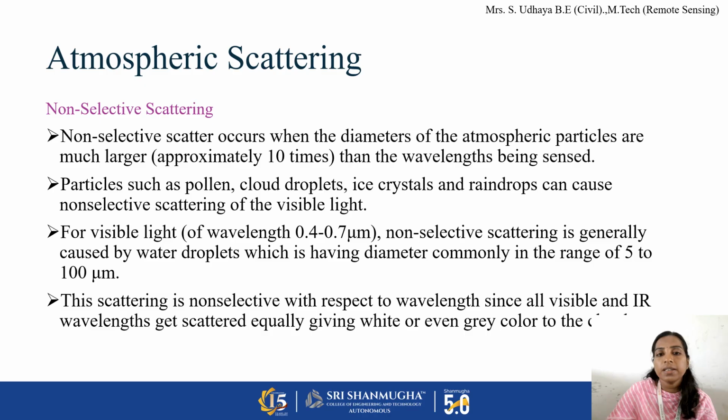For visible light, 0.4 to 0.7 micrometer, non-selective scattering is generally caused by water droplets, which have a diameter commonly in the range of 5 to 100 micrometer. This scattering is responsible for the white or somewhat mild gray color of the cloud. The scattering is non-selective with respect to wavelengths, since all the visible and infrared wavelengths get scattered equally.